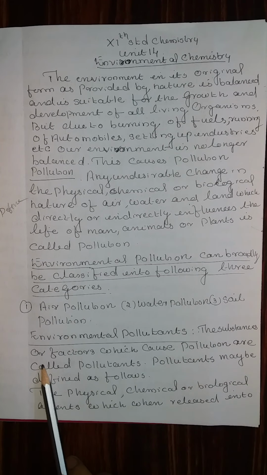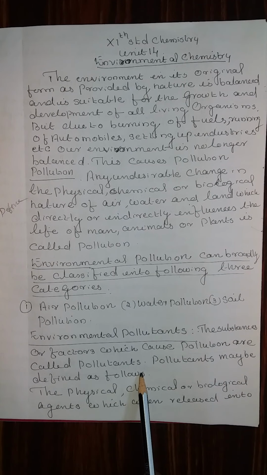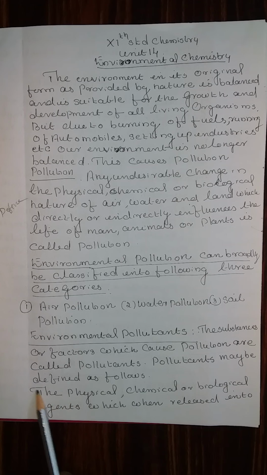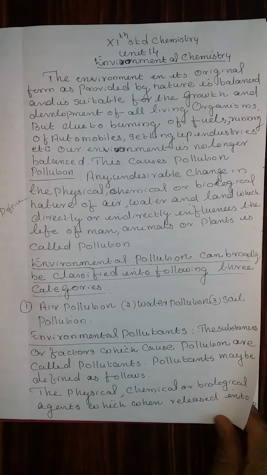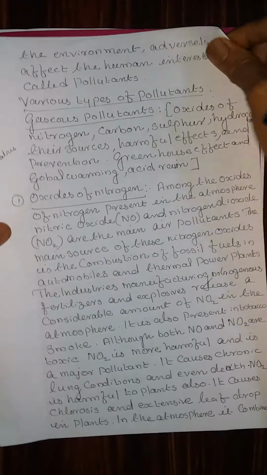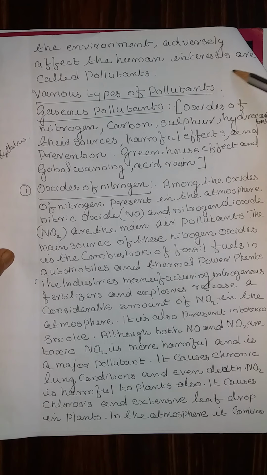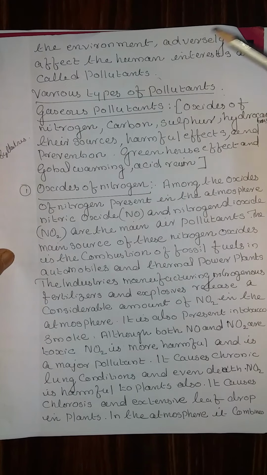Environmental pollutants. The substances or factors which cause pollution are called pollutants. Pollutants may be defined as follows: the physical, chemical, or biological agents which, when released into the environment, adversely affect human interest are called pollutants.